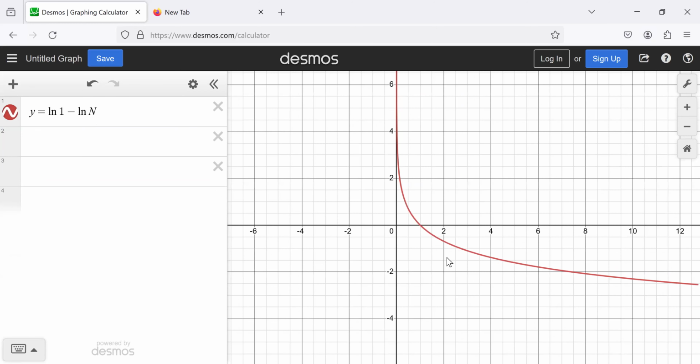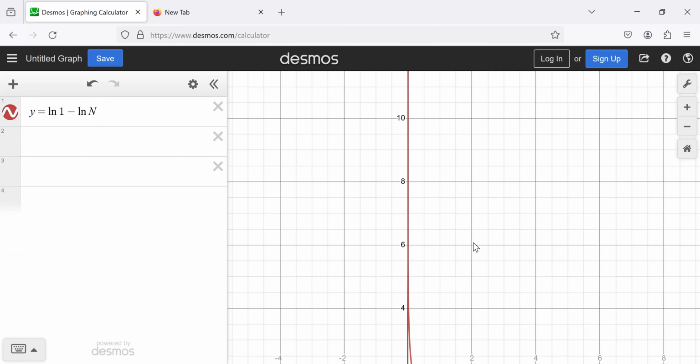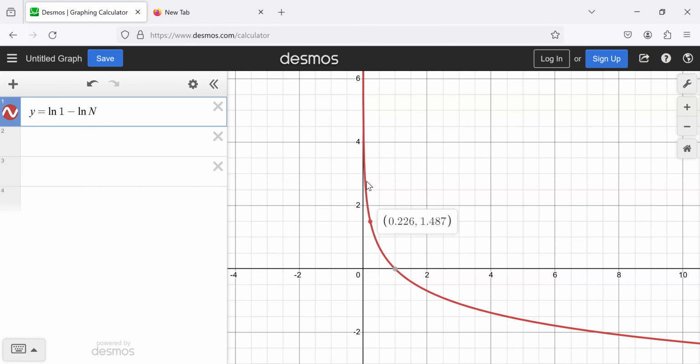Well, here's what the curve looks like. As n approaches 0, we are jumping up and we're getting some pretty extreme rounding error here.